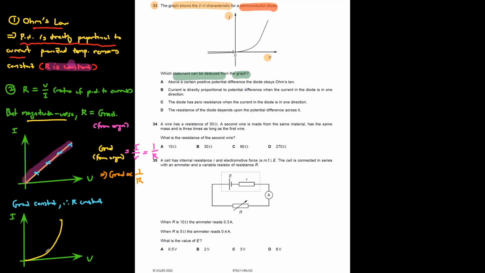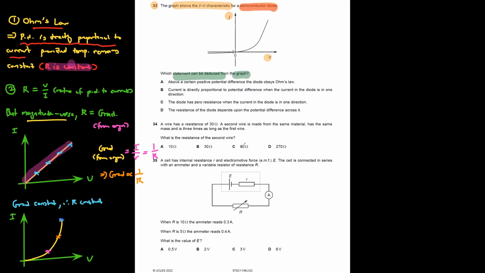You see how the gradient from the origin changes, right? Let's consider three specific points. I have one point here, another point here, and then one point here.